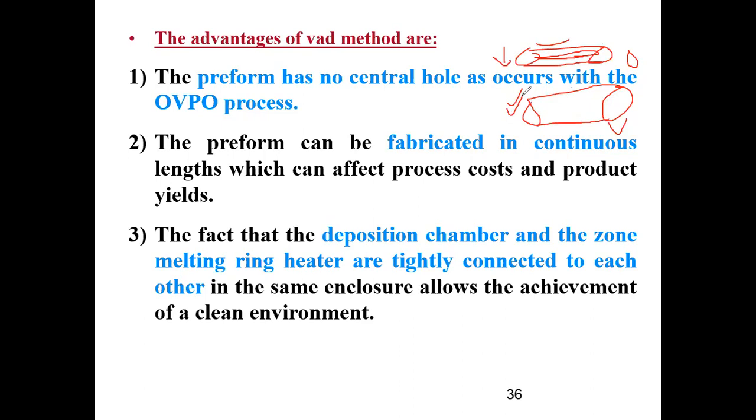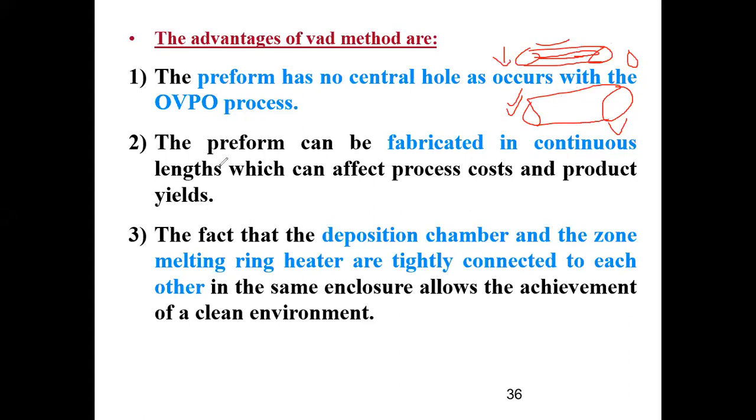Same batch of preform अगर outside vapor phase oxidation से तैयार हुआ है और VAD method से तैयार हुआ है, and from that preform I draw the fiber, more length of fiber will be produced with the VAD technique because I have a continuous rod. I don't have a central structure which is vacant. I hope that is clear now.